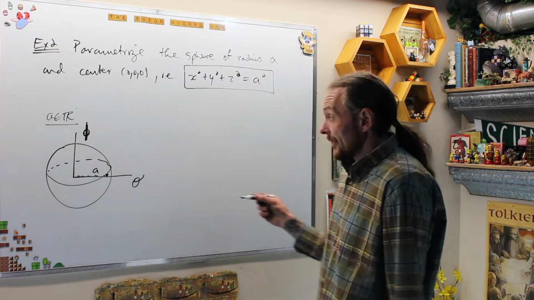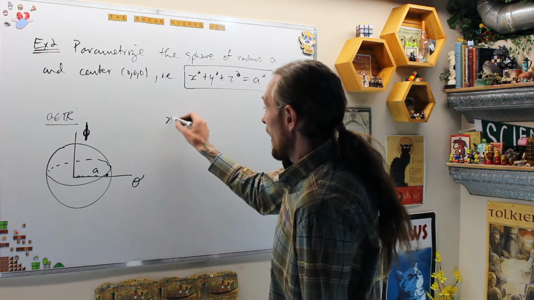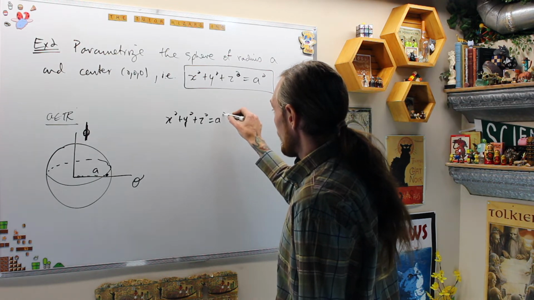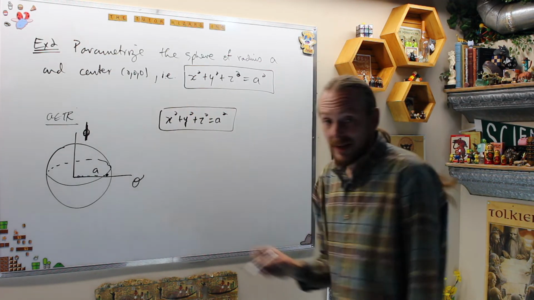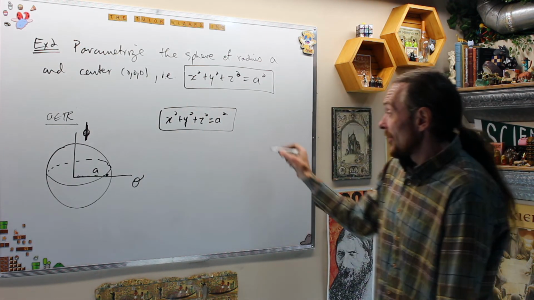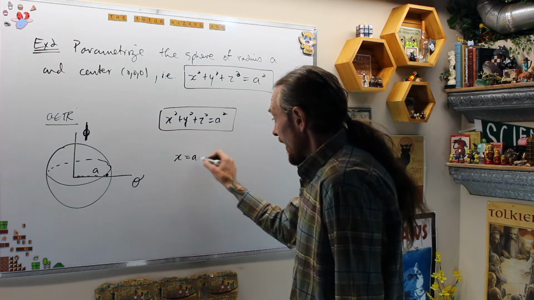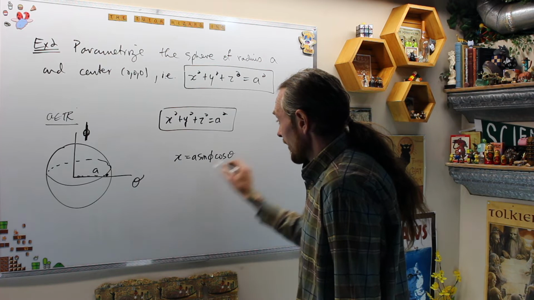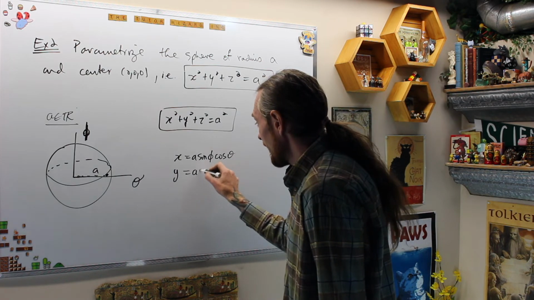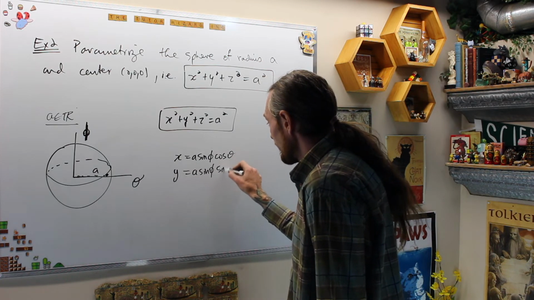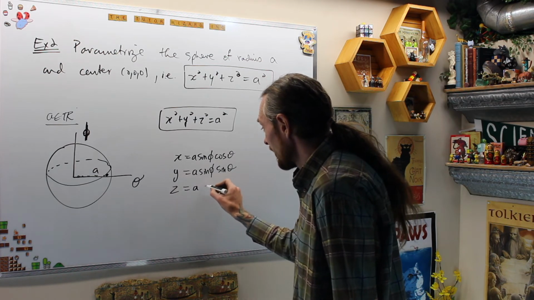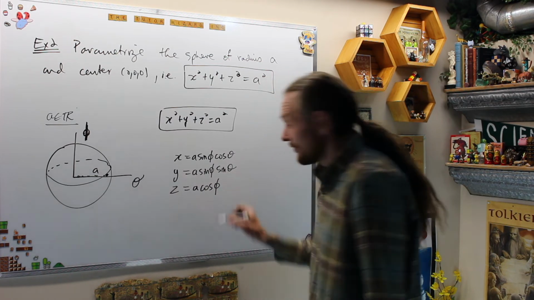What that tells me now is x squared plus y squared plus z squared equals a squared is going to become what as a parameterization? I'm going to say x is a sine phi cos theta, y is a sine phi sine theta, and z is equal to a cos phi.